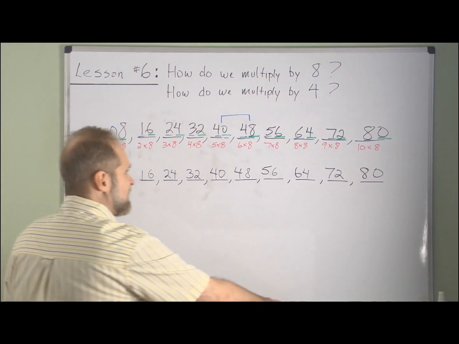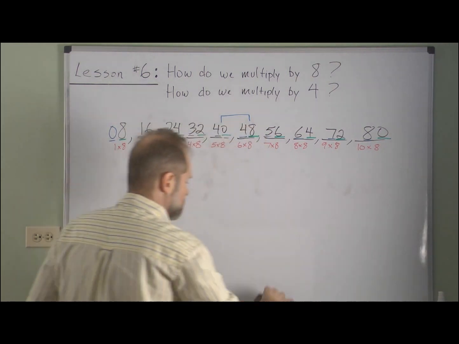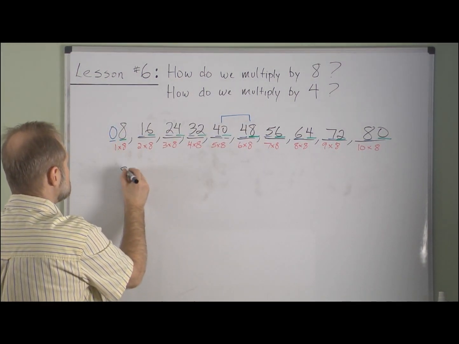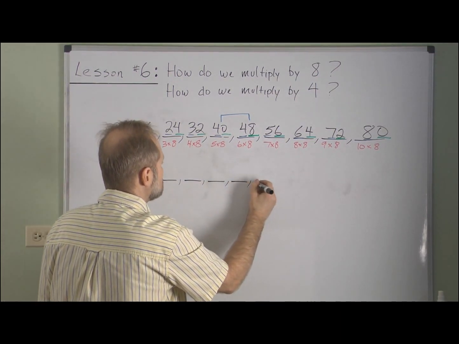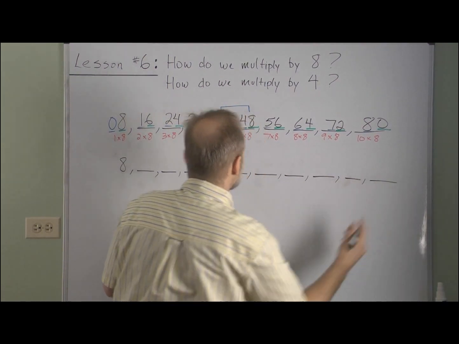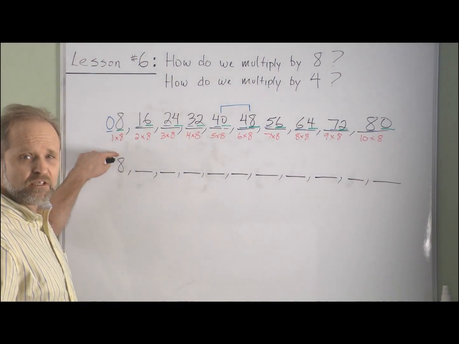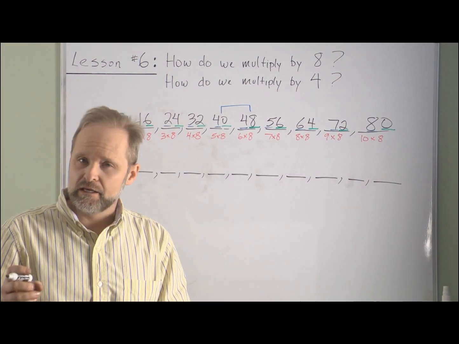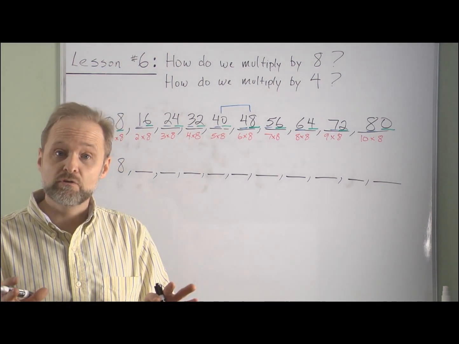Now there's a second thing here that I want you to keep track of, because this may help you as you're writing out your skip counting. Sometimes adding 8s can get a bit tricky, but there's a special way to add 8s to make it, I think, a whole lot easier, which is to do this.